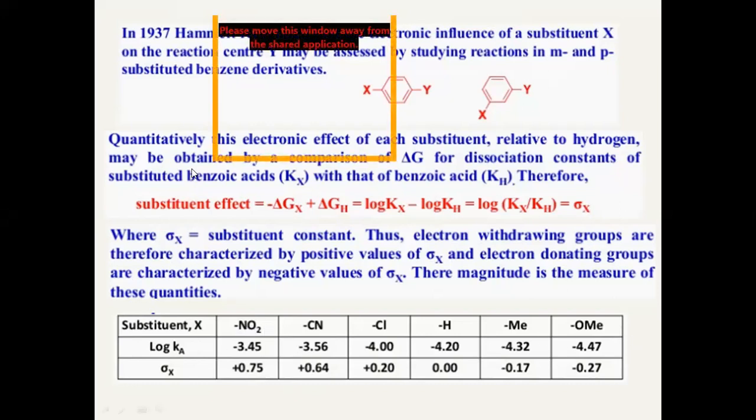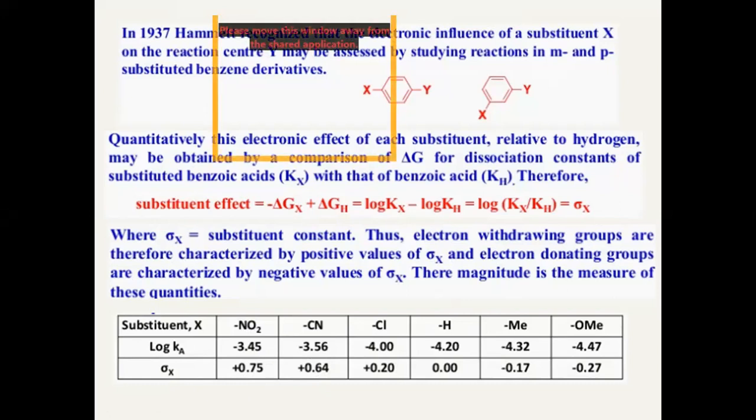You pick only one value. So log Ka is minus 3.45 and sigma x is 0.75. Okay. So sigma x, this is one positive value. Remember. You put this value here and you will get it.